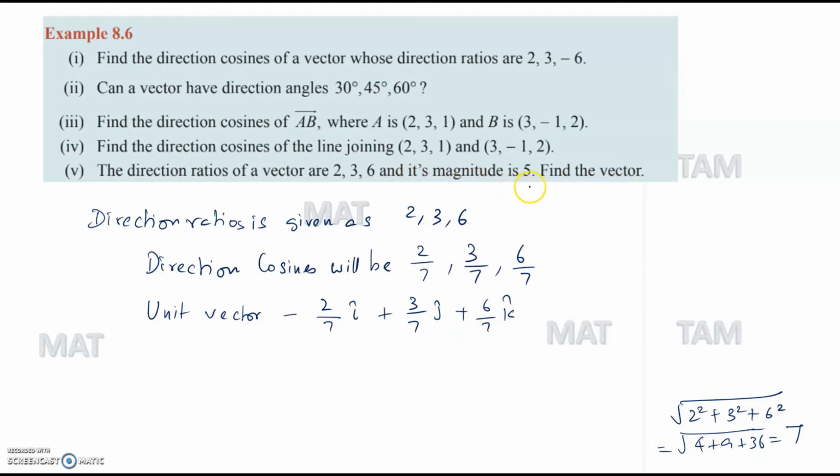Now we know the magnitude is 5. So this unit vector magnitude is 1. So multiplying them with 5, the required vector is 5 by 7 times, you can bring the 7 out as common, 2i cap plus 3j cap plus 6k cap. So I have just multiplied them all with 5.